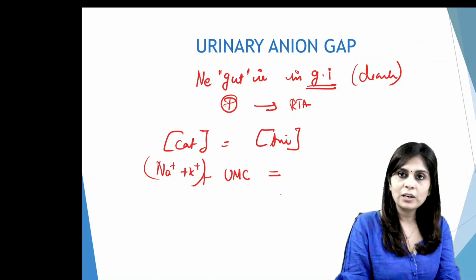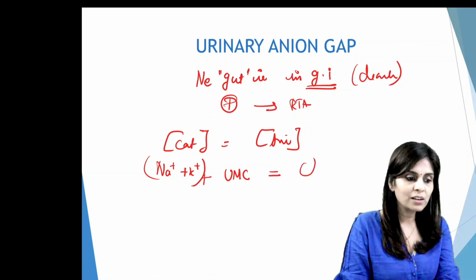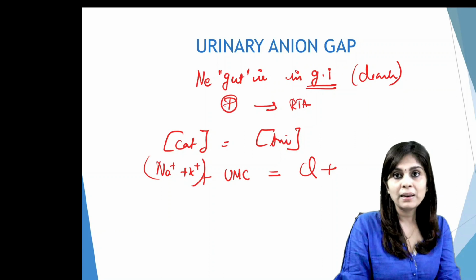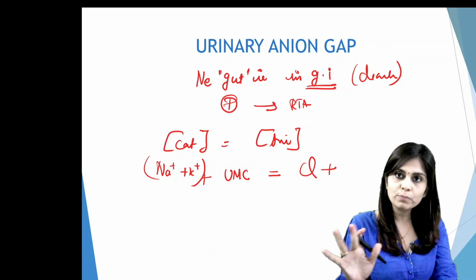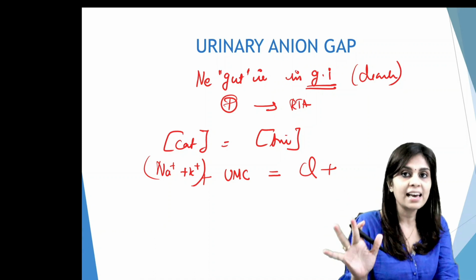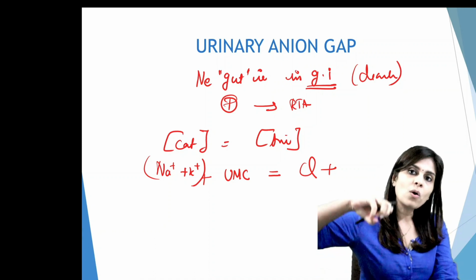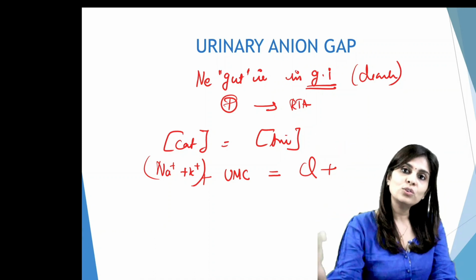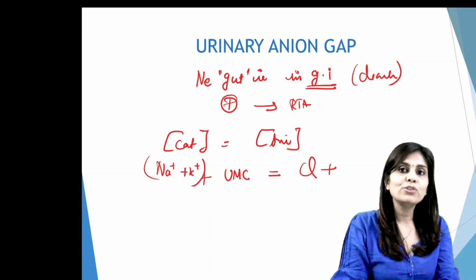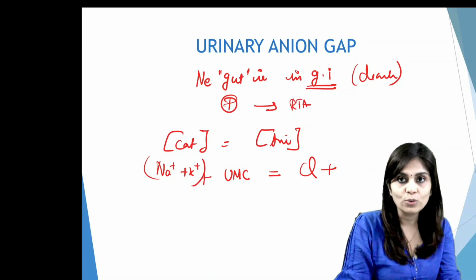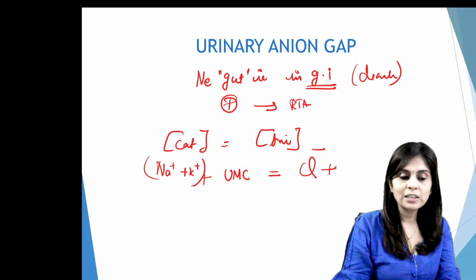Will be equal to, what are the anions of urine? Chloride. In blood, in plasma anion gap, we include bicarbonate. In urinary anion gap, you are not supposed to include bicarbonate, though it's an anion, because we reclaim all bicarbonate which gets filtered into the glomerulus in the PCT. So bicarbonate concentration of urine normally is supposed to be 0. That is why I'm not going to include bicarbonate here.